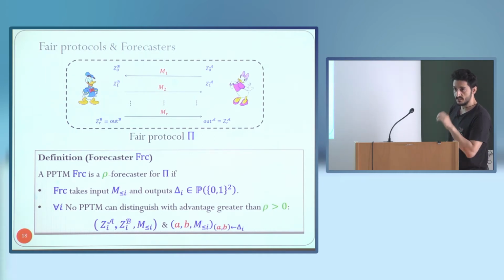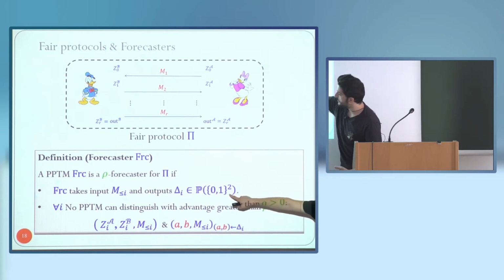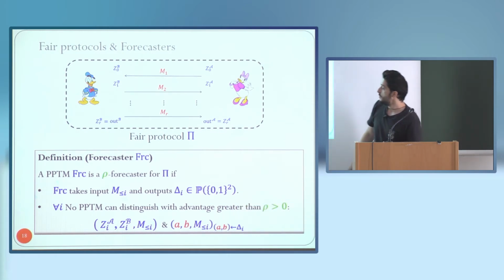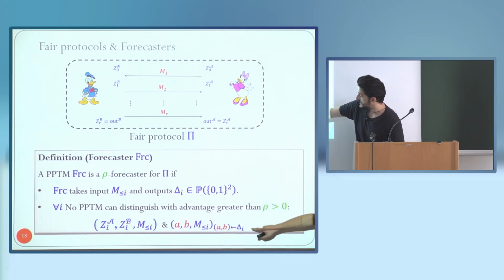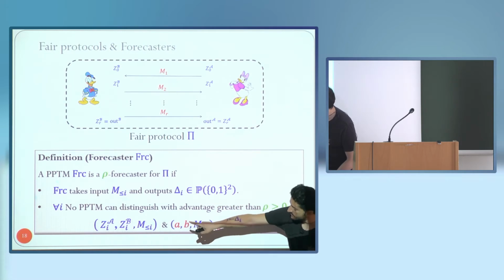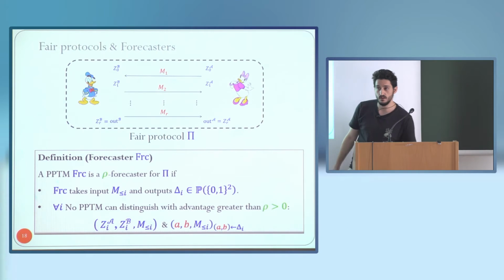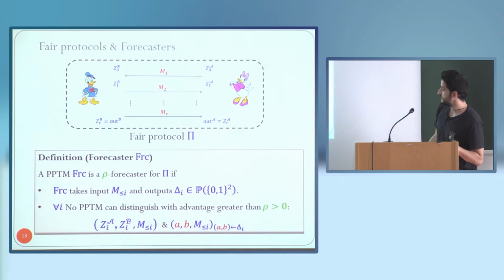The forecaster takes the partial transcript of the protocol and outputs a prediction, a distribution over the probability space of 2 bits, with the following indistinguishability promise: the triplet consisting of the backup values and the partial transcript is indistinguishable from the simulated values together with the partial transcript.